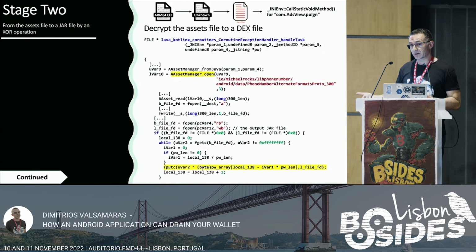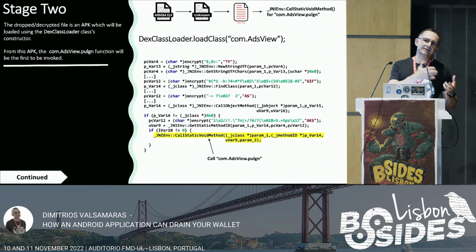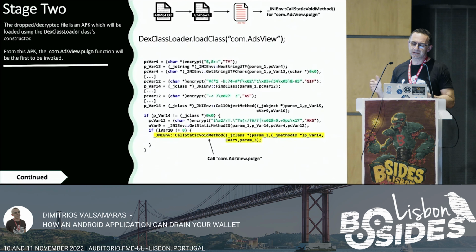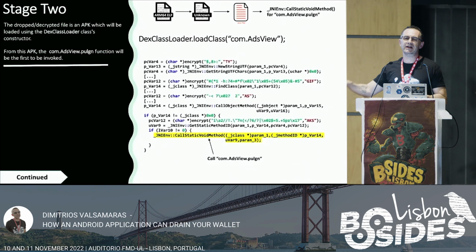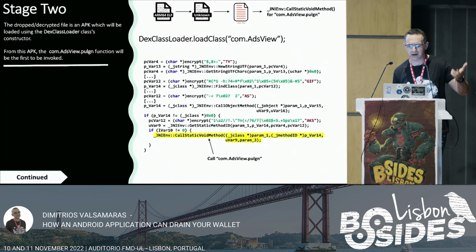This file will be decrypted, dropped to the data folder, and then again loaded using the DEX class loader and the load class, which this time will load the class that I mentioned before. Now this class, com.addsView, is the DEX file which was just decrypted. Finally, it will perform a JNI call static void method in order to call a function from this specific class.